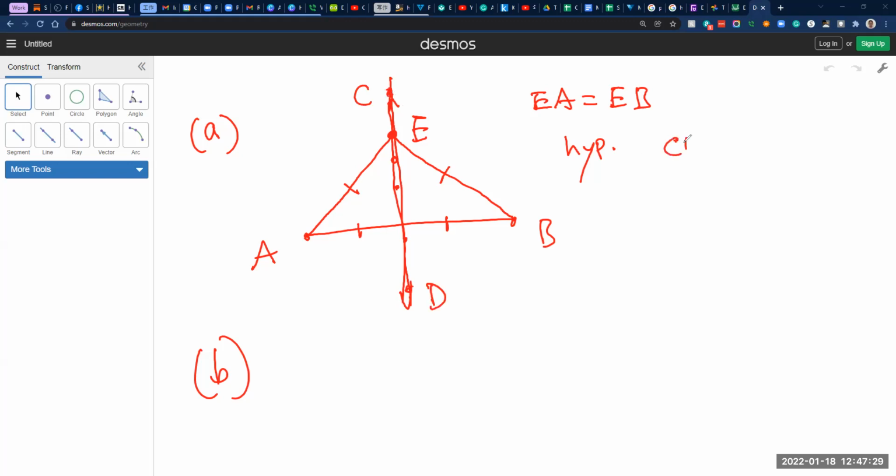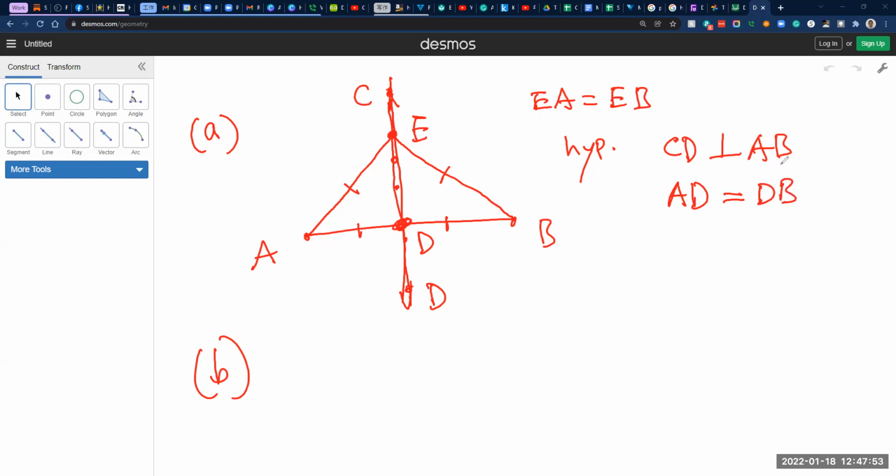We know CD is perpendicular to AB at this point, this is our D, and AD is congruent to DB.